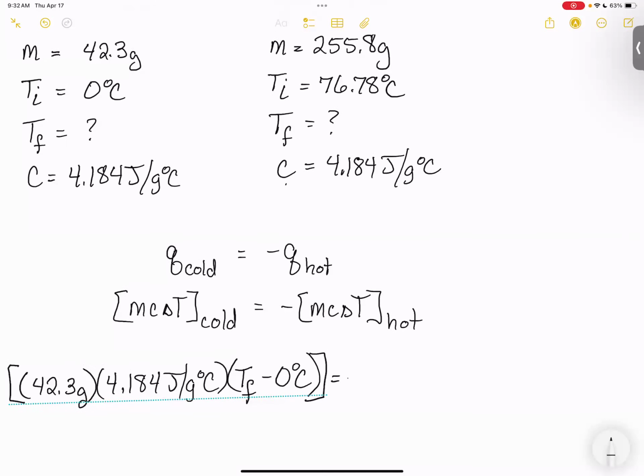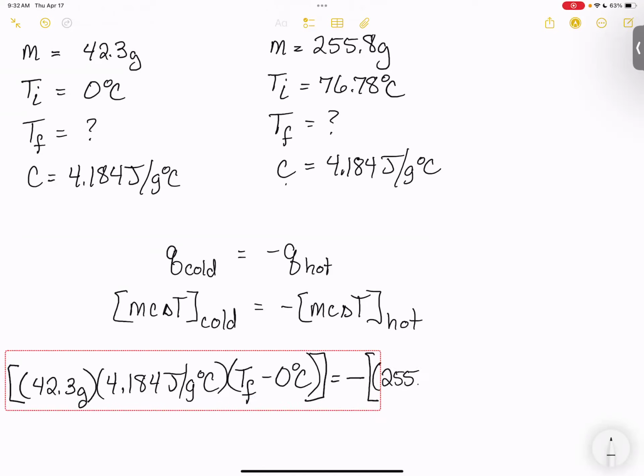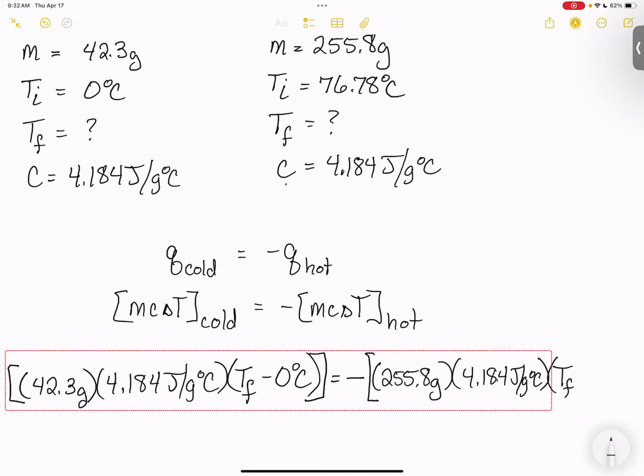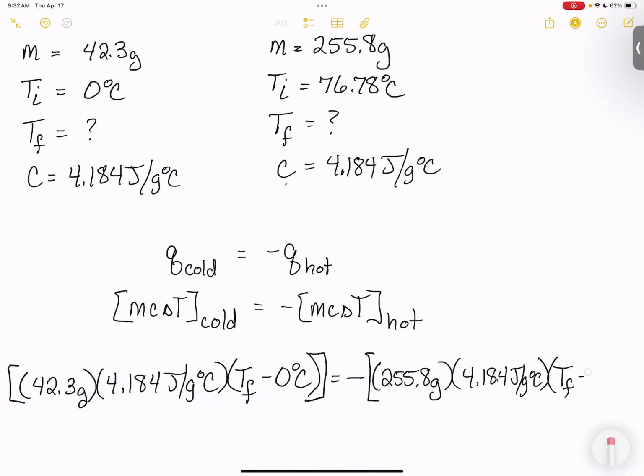That's equal to the negative of the hot water. So 255.8 grams times 4.184 joules per gram degrees Celsius, times T final minus T initial, which is 76.78 degrees Celsius.